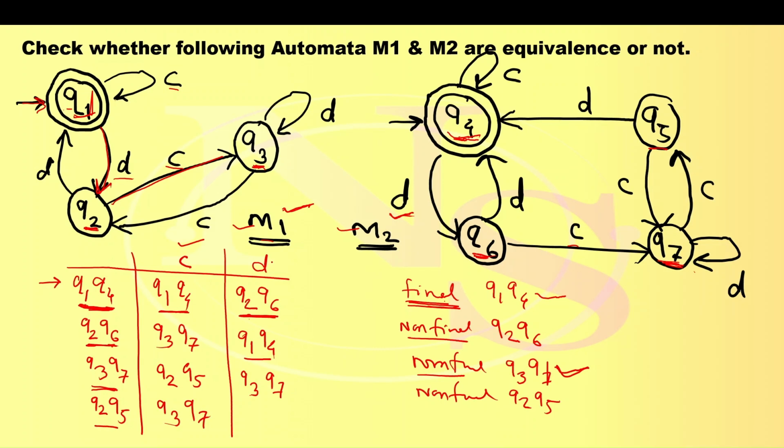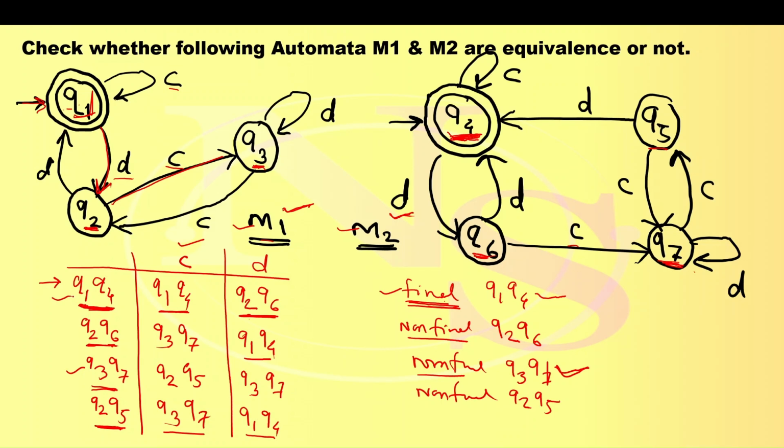Q2 Q5 on D: Q2 on D goes to Q1, Q5 on D goes to Q4. So Q1 Q4, both are final. What is new here? Q3 Q7 is covered, Q1 Q4 is covered.